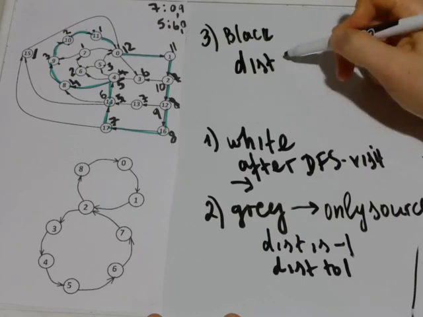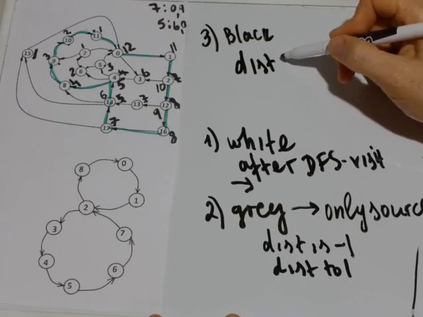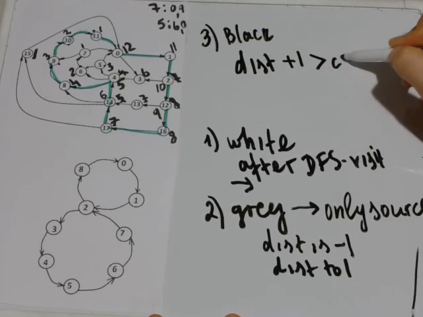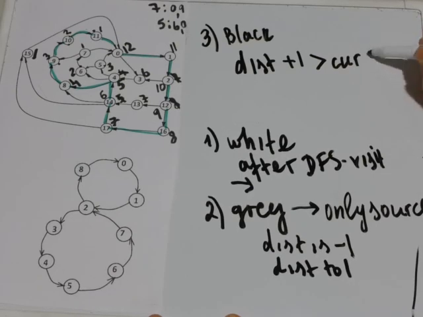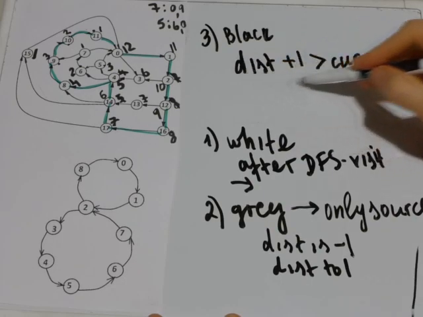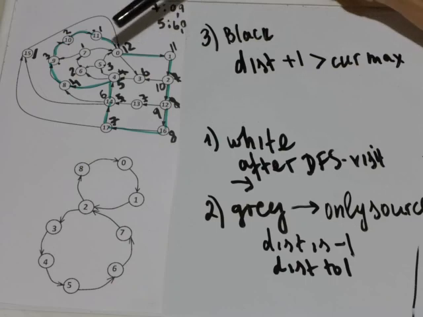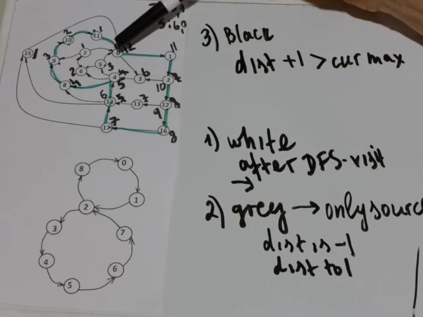If the distance of the black neighbor plus 1 is greater than the current distance of the current node, then you need to reset the distance of the current node to the distance of the black neighbor plus 1. This is the whole outline of the algorithm with all conditions that you need to consider, and this would be correct to find the longest cycle to which the node on which we ran belongs.